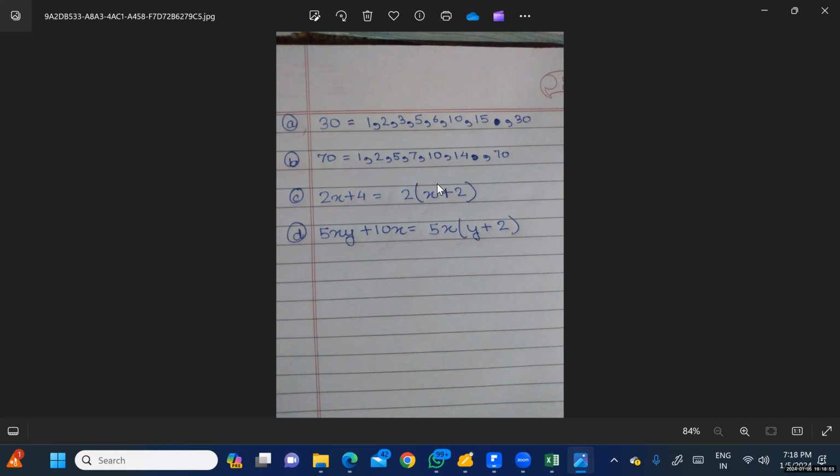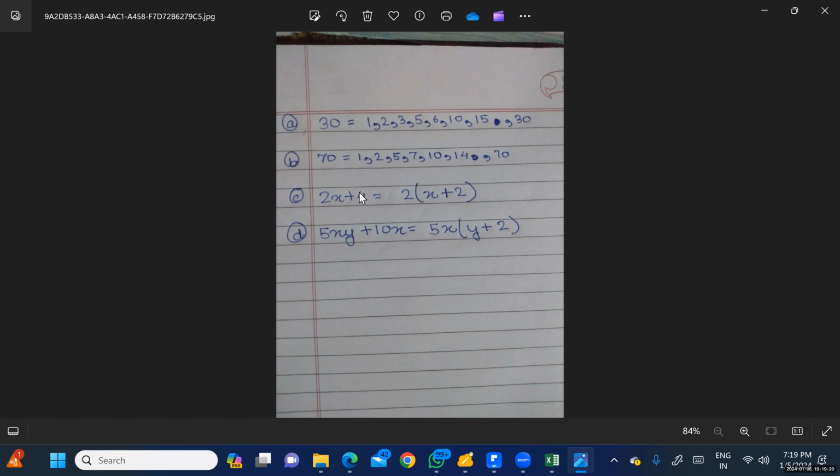Arush, what are we trying to find over here? So the factors of this. The factors, right? When you found the factors of 30, why did you put a comma? These are the factors, correct? Yes, sir. For 70, these are the factors, correct?